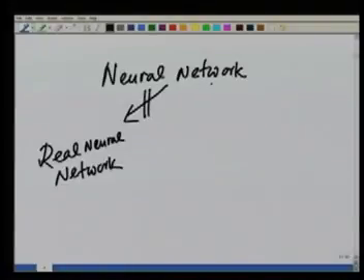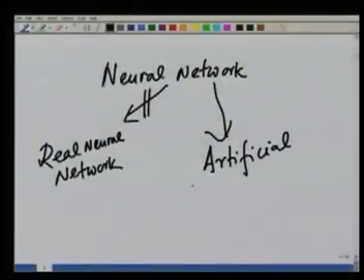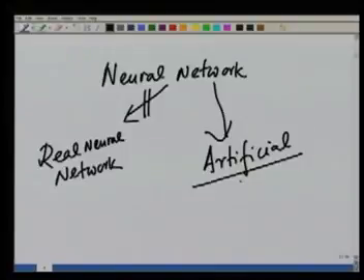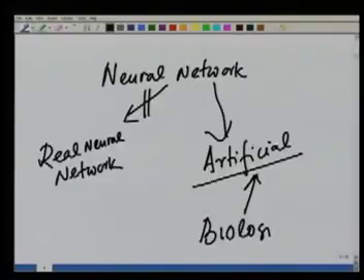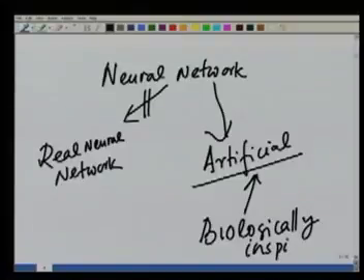Whereas, when I say neural network in this class, it means always artificial. The only connection between this artificial neural network and the real neural network is that these artificial neural networks are biologically inspired. That is the only difference.